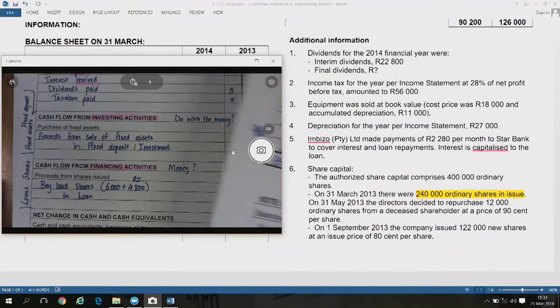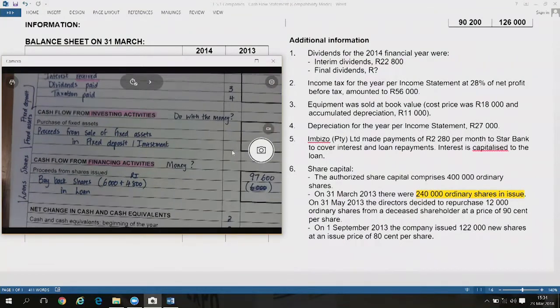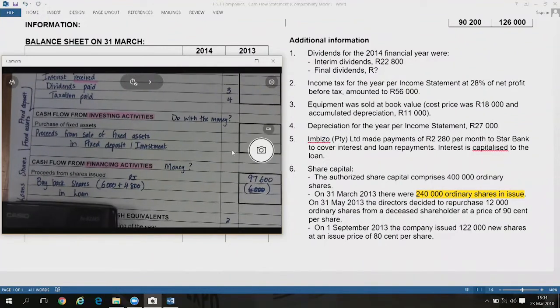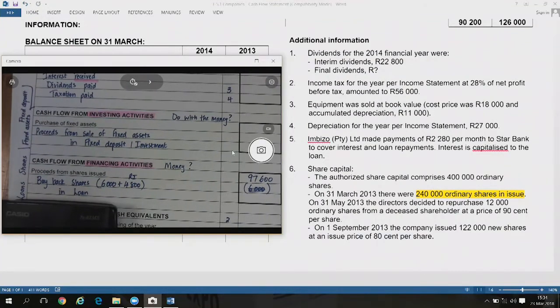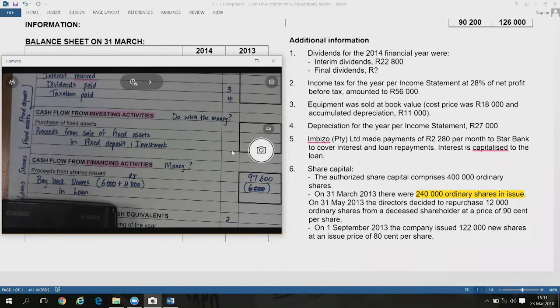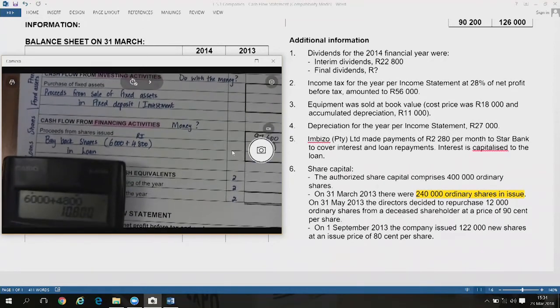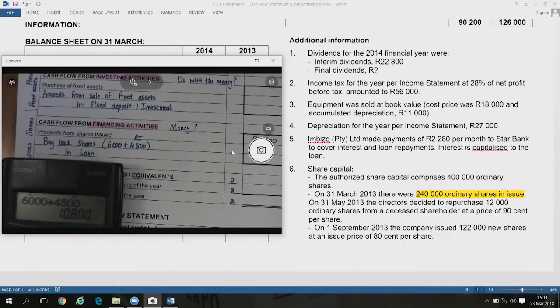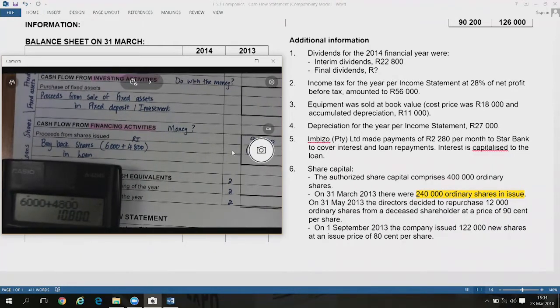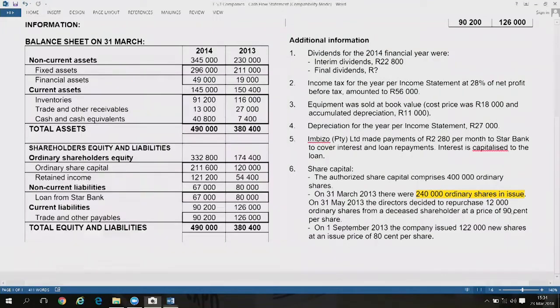Okay, but that amount is not correct. Let me quickly see. We buy back shares for, oh, there's a problem there. I'm so sorry, that was 95 cents. Okay, let's quickly see again.